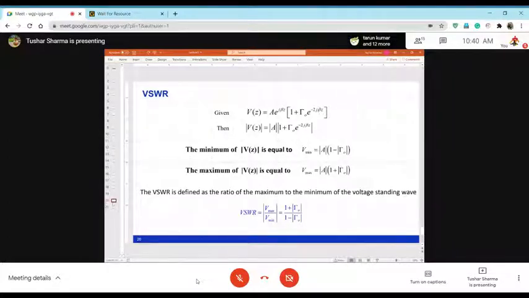Now the point is, when you plot that in polar, you see that it draws a constant VSWR circle. When we study the Smith chart, I will come back to this topic, and you will understand it better, because you will understand how the Smith chart functions, how impedances are plotted over it, and why it circles around that center.